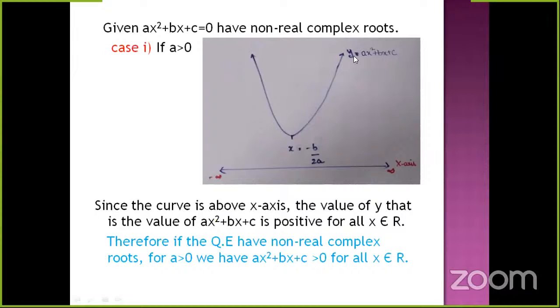Above the x-axis, the value of y, that is the value of the quadratic expression, will always be positive. So the sign of the quadratic expression ax square plus bx plus c is positive. Therefore, we can conclude, if a greater than 0, we have ax square plus bx plus c also greater than 0 for all x belongs to R.